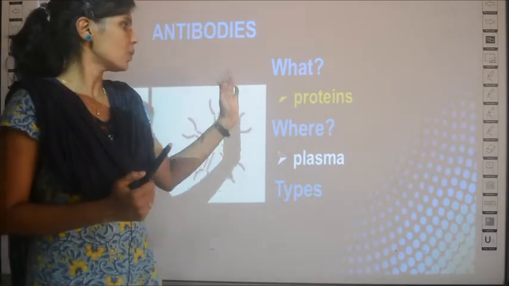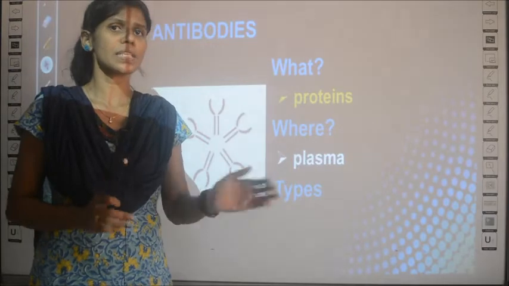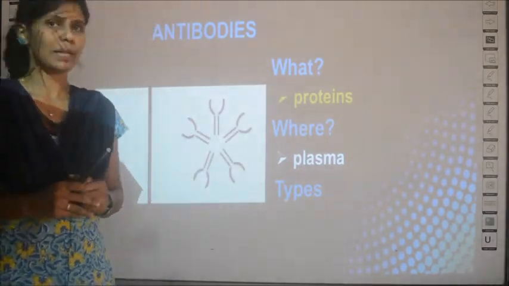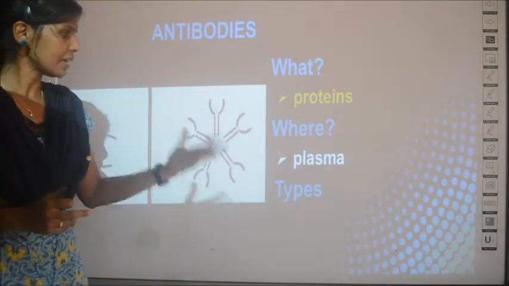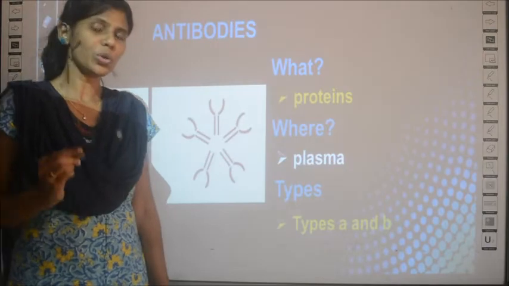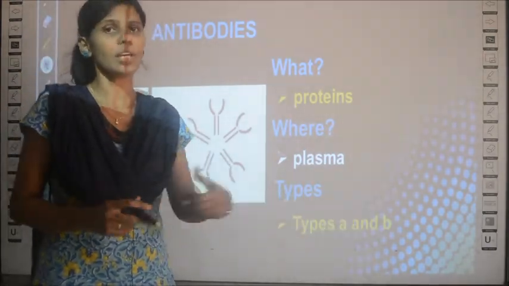Now, what do you know about antibodies? It is a protein, and the antibody protein is present in the plasma of the blood. Then again, what are the types of antibodies? Just like antigens, there are two types of antibodies called antibody a and antibody b.